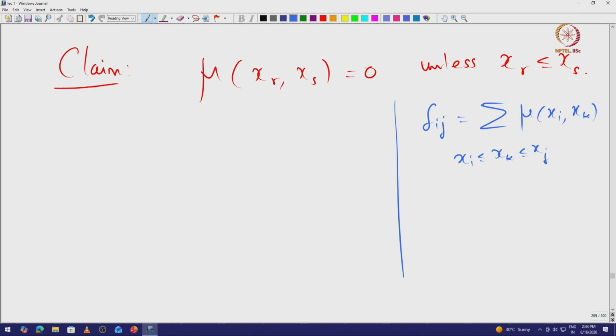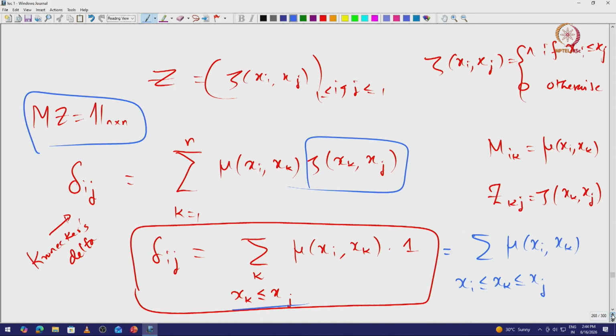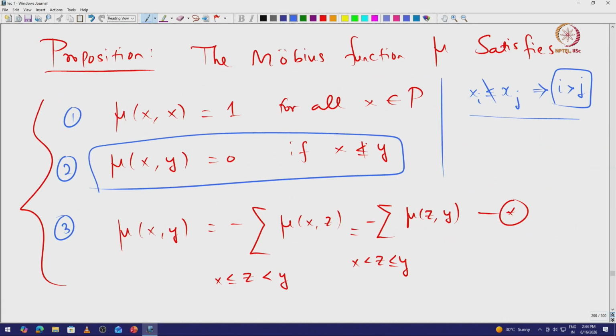From this you can easily see that if x_i equals x_j, then we get 1 equal to mu of x_i x_i. So, this for example verifies the first equation that we had here.